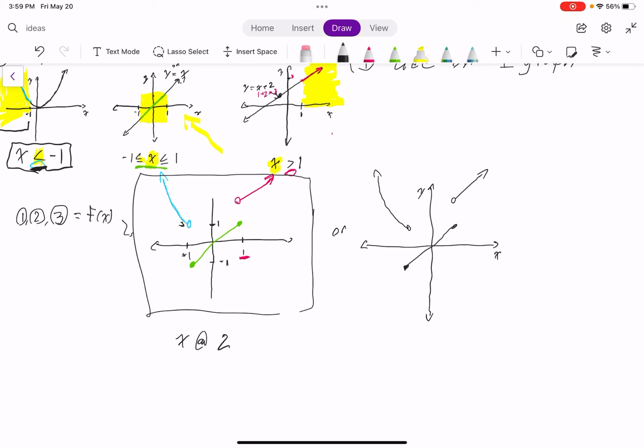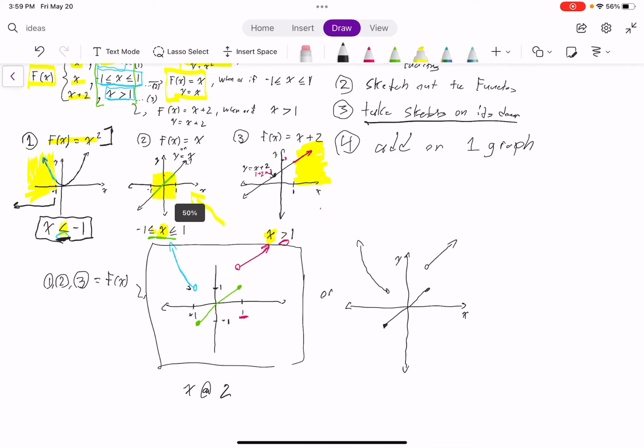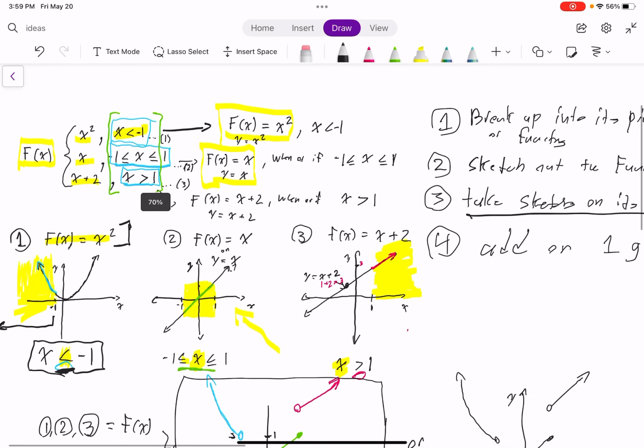You're going to go to your graph or your piecewise function and say, now 2 is not less than 0, so it can't be the first one. 2 is not between -1 and +1, so it can't be the second one. And then 2 is greater than 1, so it has to be the third one.